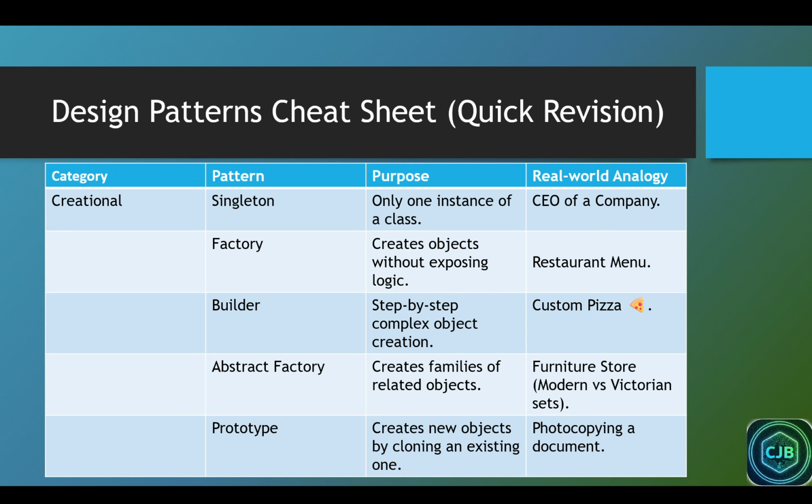Builder: step by step complex object creation, like a custom pizza. Abstract factory creates families of related objects, like a furniture store, modern versus Victorian set. Prototype creates new objects by cloning an existing one, like photocopying an object.